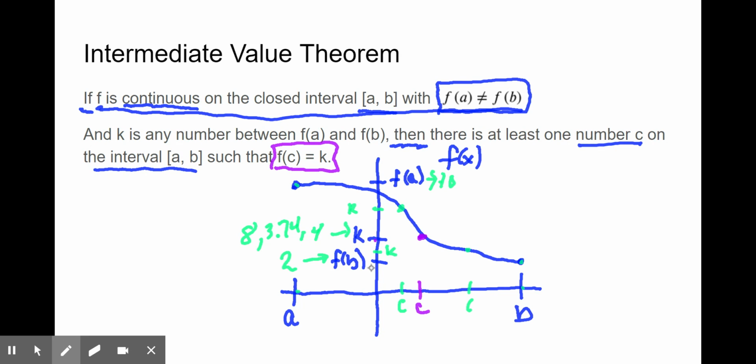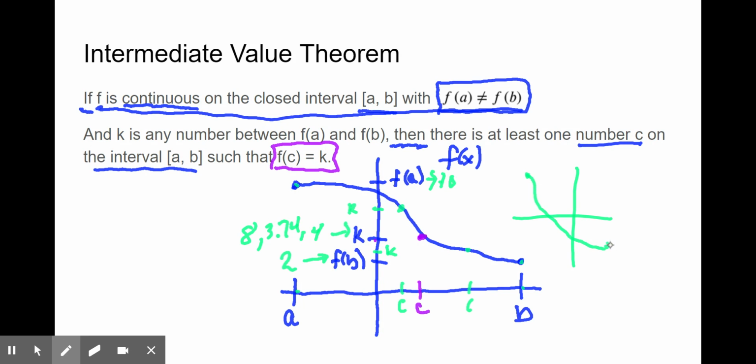So what I said earlier was that the little activity that we did, where we went through 0, is a weaker version of the intermediate value theorem. It's weaker because it's asking you, does it go through the x-axis? Well, yeah, it goes through the x-axis. It went through the x-axis because you put 1 point above the x-axis and 1 point below the x-axis.